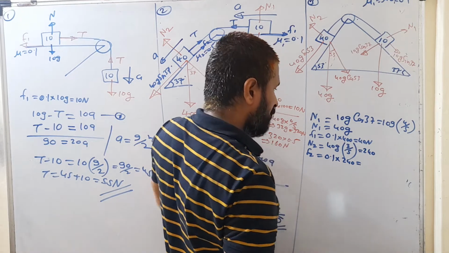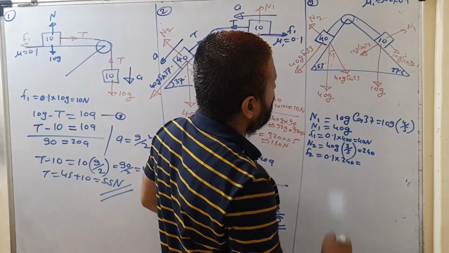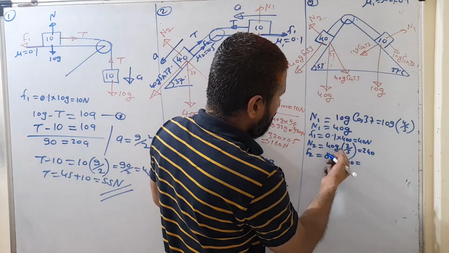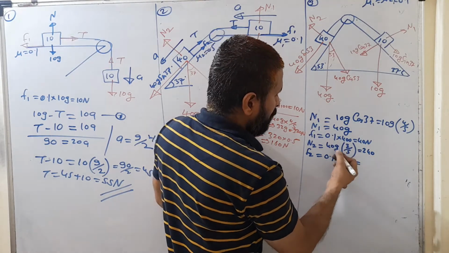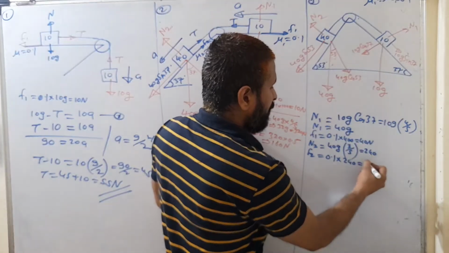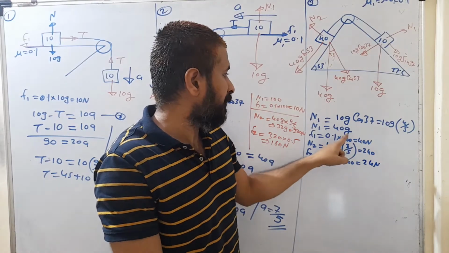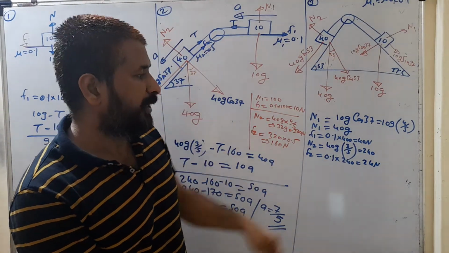Wait, I made some mistake; I should get more reaction here. Here it is cos 37, 4 by 5, and cos 53. Correct. So it is 80 into 3, 240. So it is just 24 Newton. So the frictional force acting on this block is 40 Newton, and the frictional force acting on this block is 24 Newton.